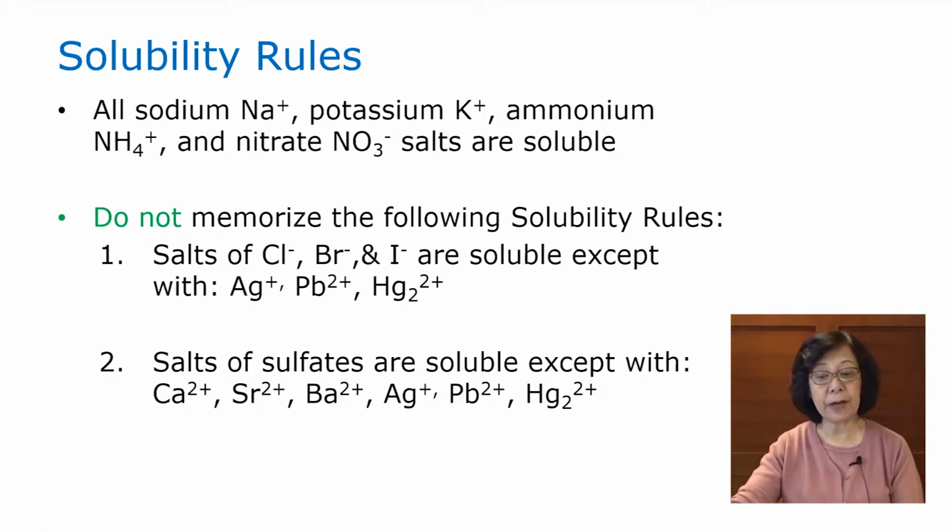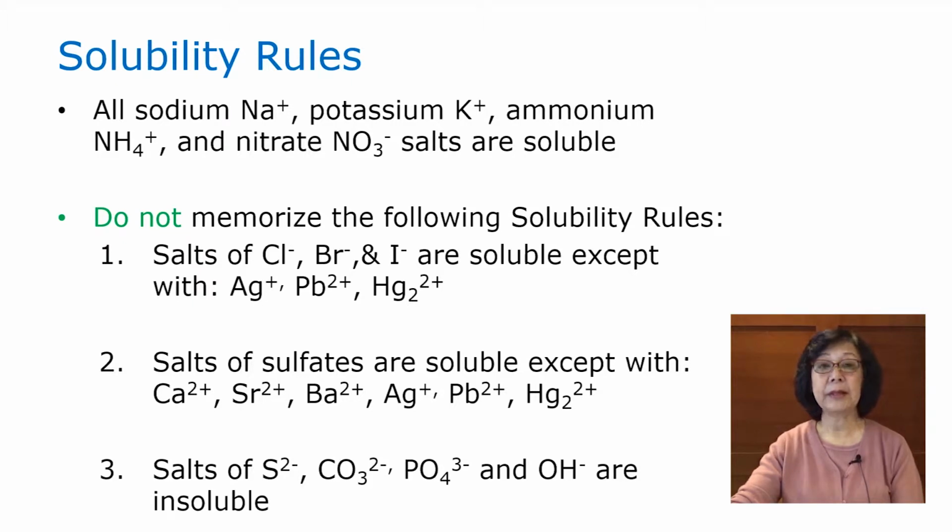Salts of sulfates are soluble except when paired with group 2 calcium, strontium, barium ions, and also silver, lead, and mercury ions. The salts of sulfide, carbonate, phosphate, and hydroxides are mostly insoluble, especially when paired with transition metals.